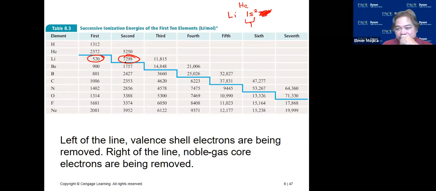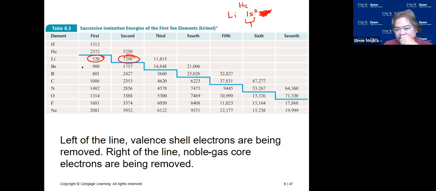So you don't only need 2 times the energy. This is how many times? More than 10 times. And the reason for that is because you are destroying a stable condition. So you're going to need a lot of energy. That's the reason why there's an increase in terms of the ionization energy if you remove the second electron from lithium.